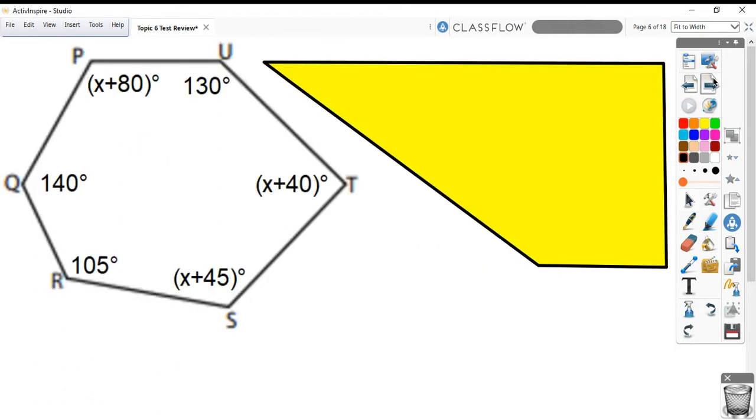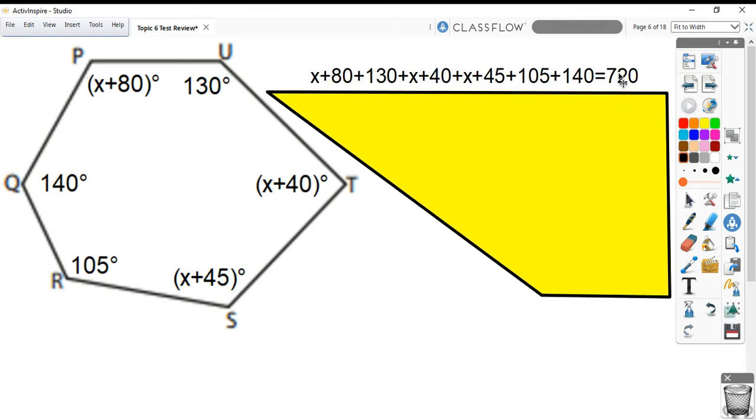Go on now to our next one, is more of the same, except this time we've got 6 sides. So on one side of our equation is going to be all of the angles added together, angle plus angle plus angle, all the way around the whole inside of the shape. Then the other side of the equal sign is going to be, this time, 720.